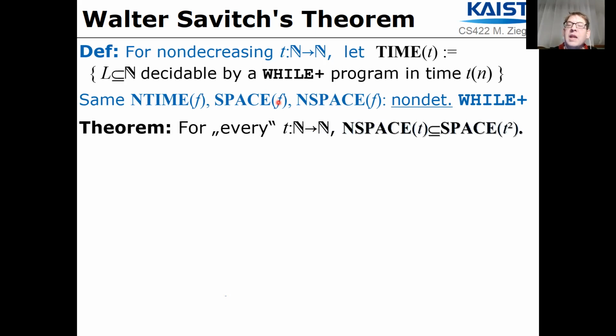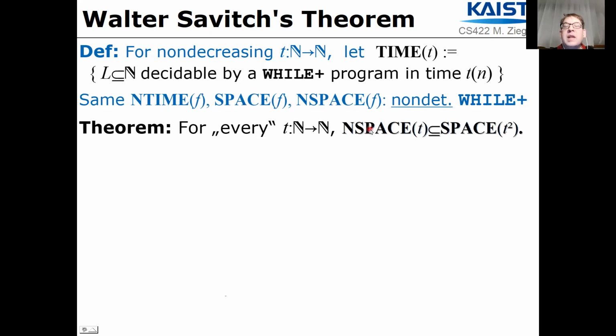And now we can state Savitch's theorem, which says that for every such time or memory bound, when there exists a non-deterministic while plus program running in that amount of memory, then there also exists a deterministic while plus program running in at most quadratically more memory.